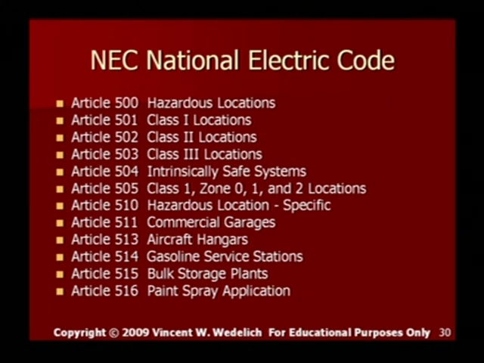So here we're going to cover hazardous locations, Article 500, 501 Class 1 locations, 502 Class 2 locations, and 503 Class 3 locations. We'll also touch on intrinsically safe systems, which is covered in Article 504. And then something relatively new, it first came in 1996, was Article 505 Class 1 Zone 0, 1, and 2 locations. And 510 specifies hazardous locations.